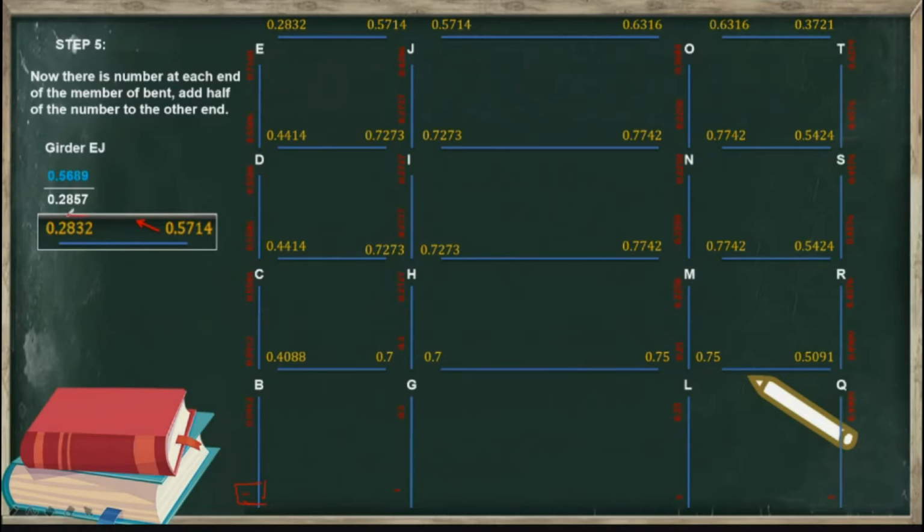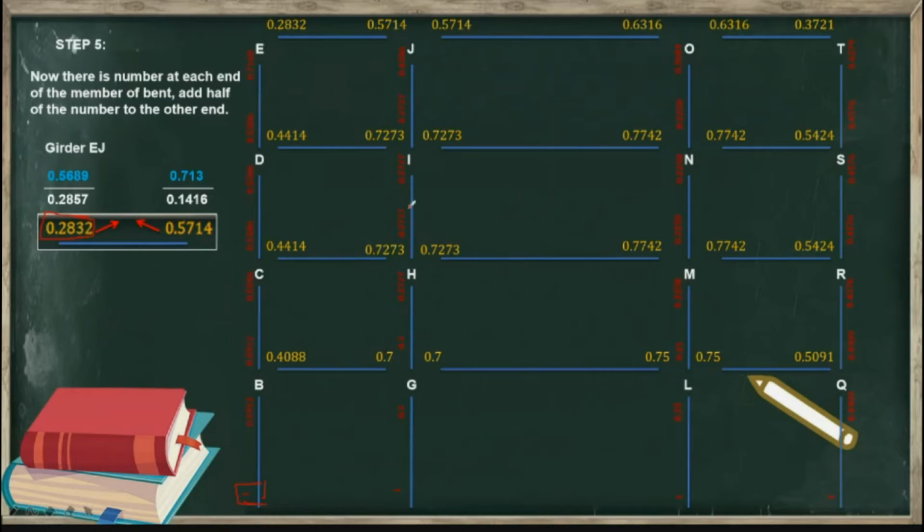So, yun yung magiging bagong value natin dito sa girder factor natin. So again, kalahati ng kabilang end, i-add natin yung values ng dito. So makukuha natin 0.5689. And vice versa, sa kabila din, kalahati ng 0.2832, i-add natin yung 0.5714. So we will get 0.713. So ito, i-apply natin siya sa mga lahat ng mga bawat girders ulit natin.